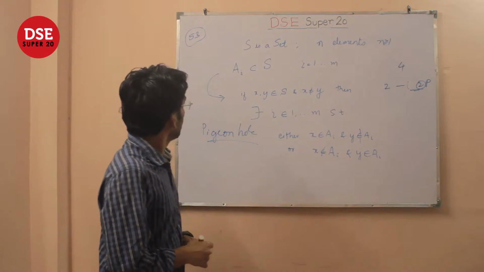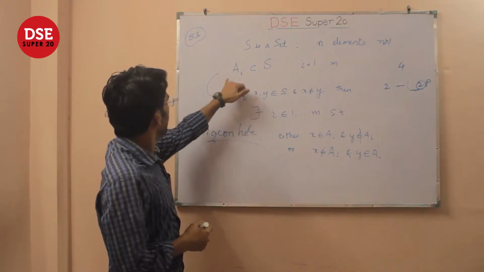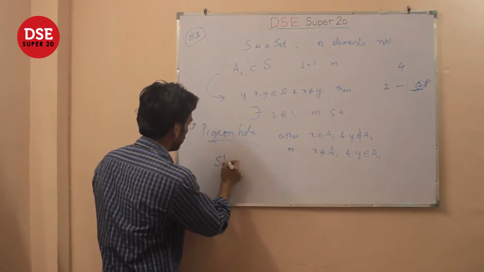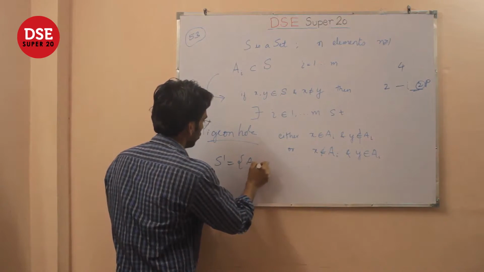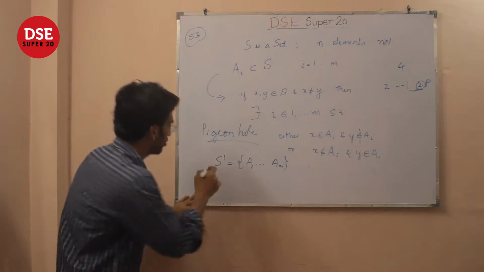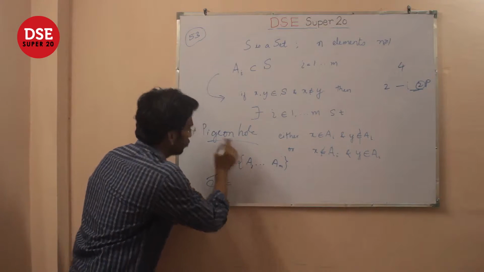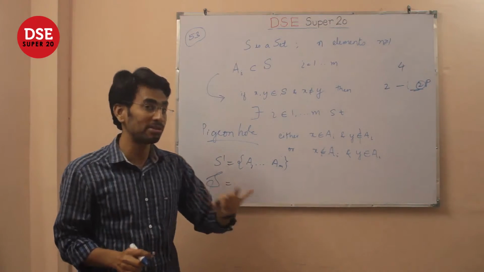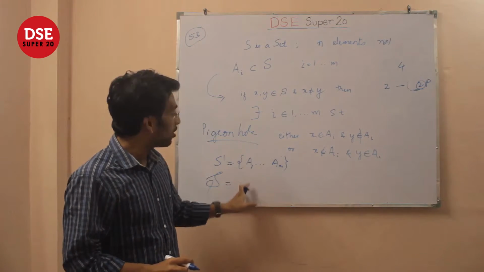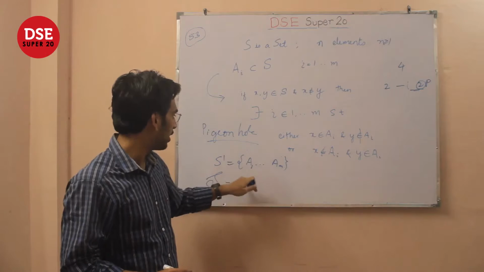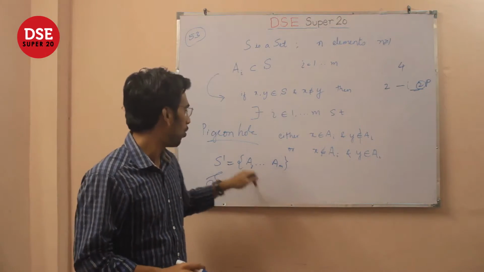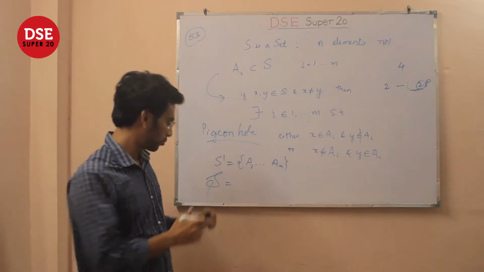Now, let's define a set which contains all these A_i. That is, let's say S' is equal to {A_1 through A_m}. Now, let's define script S, which is the power set of this set, which will contain all subsets of this set. That is, it will contain a set containing just A_1, or A_1, A_2, or A_1 through A_m, and so on.